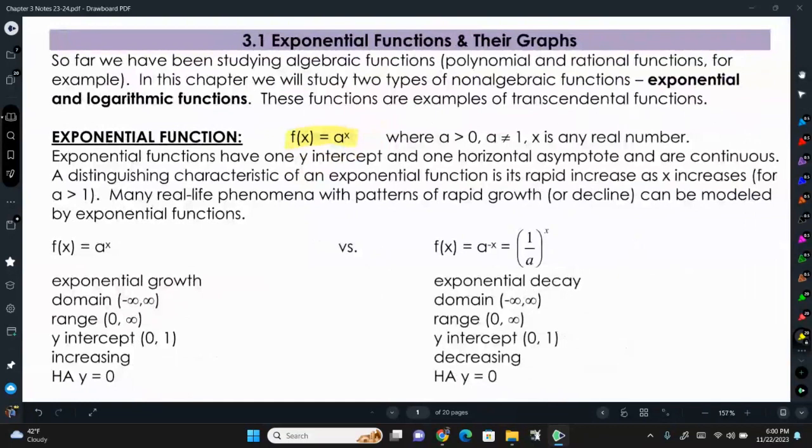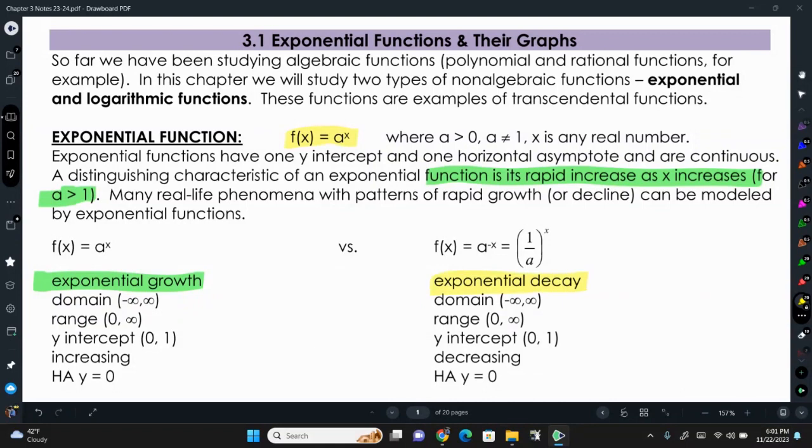We have one where the number being raised to the x power is a number larger than 1, which we call exponential growth. And then we have when the number being raised to the power is between 0 and 1, but not equal to 0, not equal to 1. And we call that exponential decay.